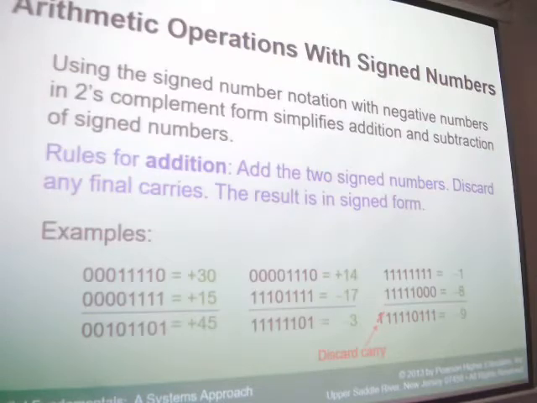We only need to take note that the last carry should be discarded. The last carry, because the MSB is the sign bit, so we don't need to use the carry out of this sign bit.